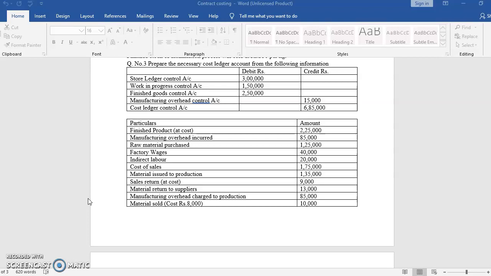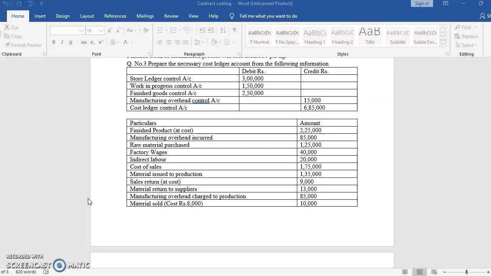Just below that, raw material purchase. Who is responsible for purchasing the raw material? Once again, cost control account, and for whom is it going to give? Store ledger control account. If you remember, I have explained that whenever raw material is purchased, it is transferred to store.